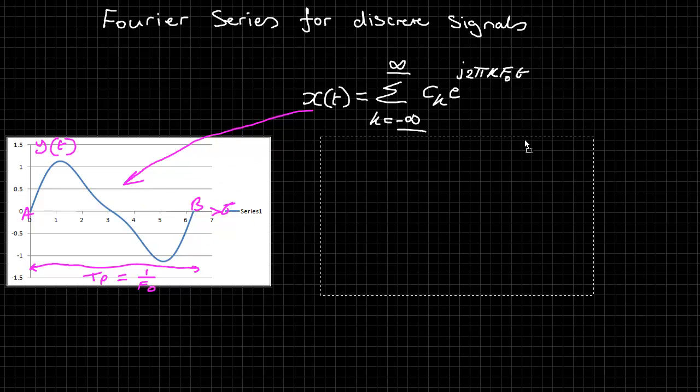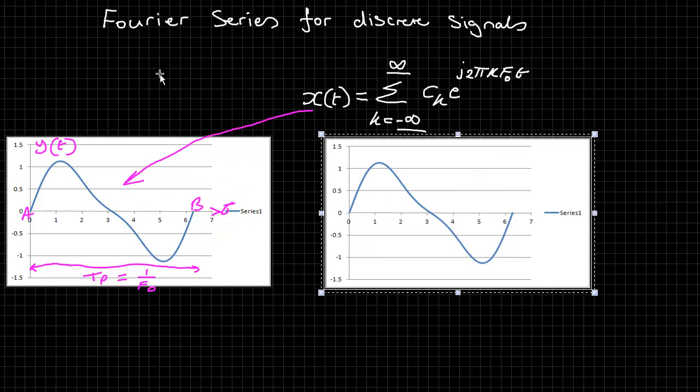So let's paste the plot again and use it to mark a number of samples on here. So first we have a sample, say at the beginning at time 0. Of course, this isn't going to be time anymore.